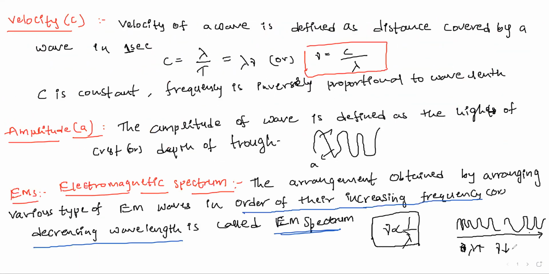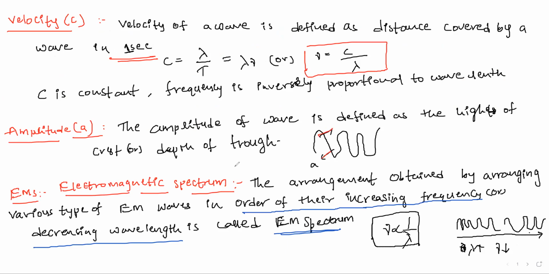Okay? Once again, today we discussed velocity and amplitude. Velocity is nothing but the speed of light. Velocity of a wave is defined as the distance covered by the wave in 1 second. Amplitude is nothing but the height of the crest or depth of the trough.